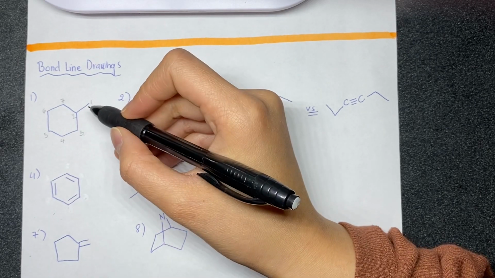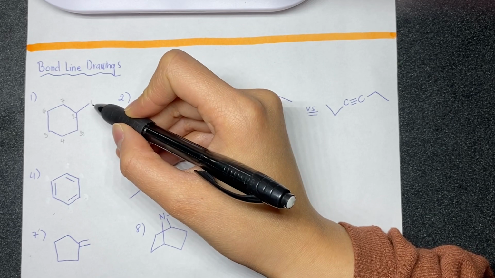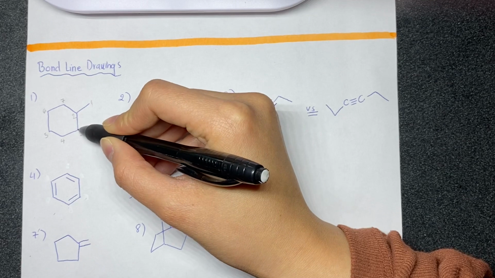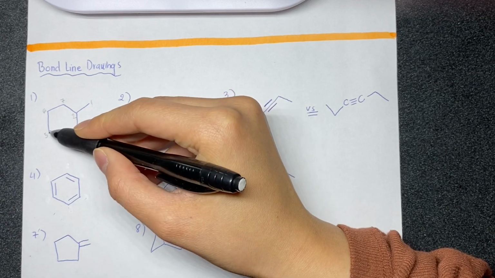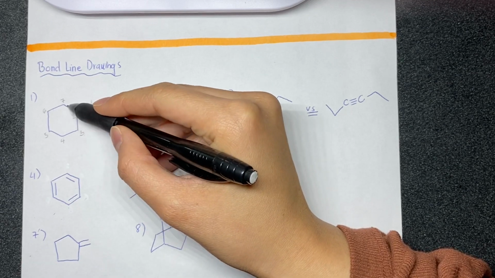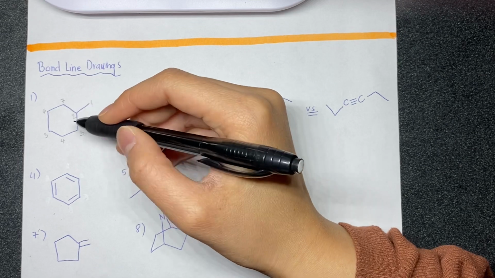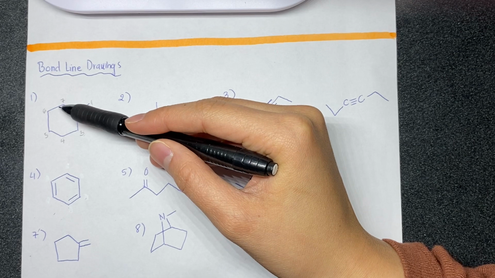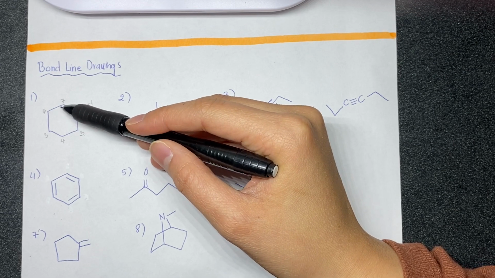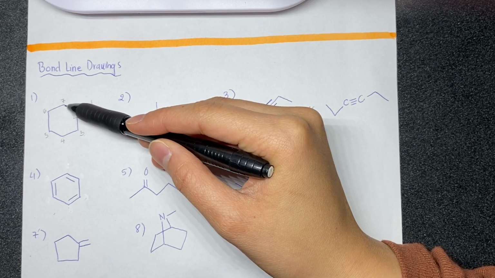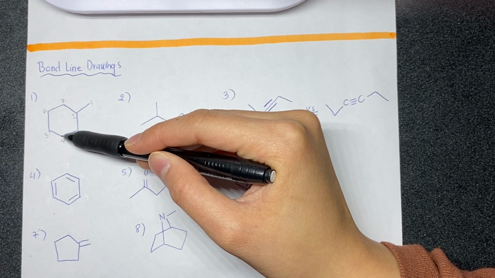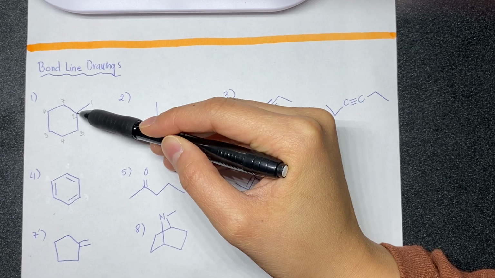So if I were to start here, you can count 1, 2, 3, 4, 5, 6, 7. Or if you were to start right here instead, you would still get the same total amount. So it's going to be 1, 2, 3, 4, 5, 6, 7.